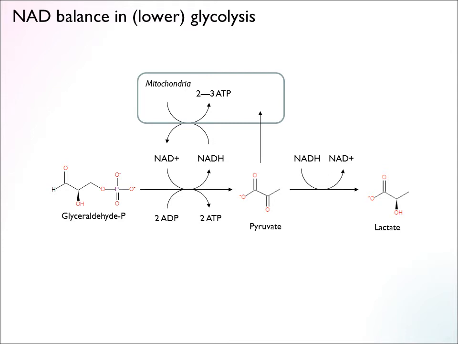Usually we do have oxygen though, and glycolysis of course works to catabolize sugar also when you do have oxygen. And in this case, first of all, the pyruvate usually goes into the mitochondria, and so you can oxidize that, and you can get a lot of energy out of that. And we'll look at this later. But in this context, it's also important to remember that the NADH that is made in lower glycolysis is actually very energy rich in itself. So in addition to the 2 ATP you get here, this NADH can shuttle into the mitochondria.